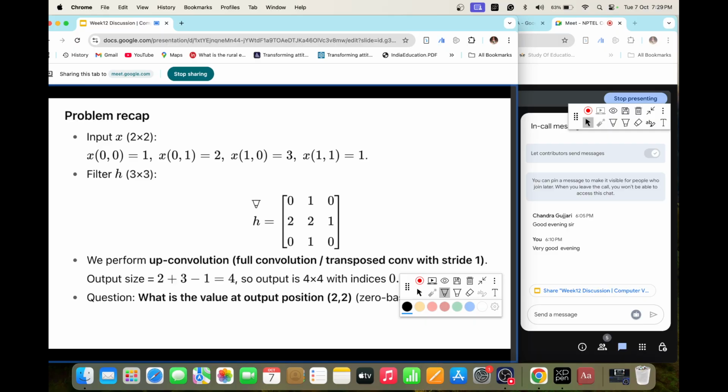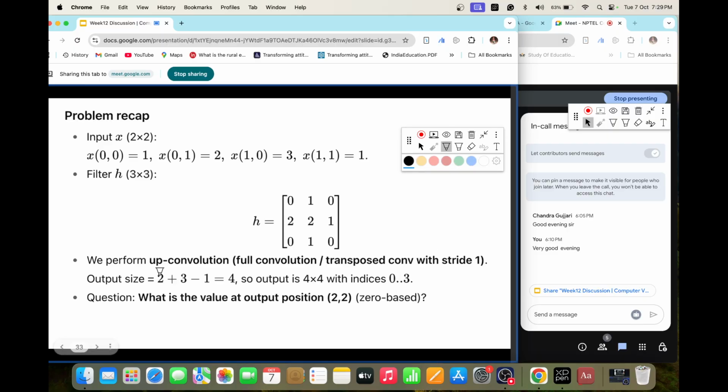It will be 2 plus 3 minus 1. So that will be the output size. Because here we are up convolving, we are not doing the down convolution or down sampling, we are doing up sampling. So this is the formula for up sampling. Your output will be formulated like this: 2 plus 3 minus 1. 2 is the input size, 3 is the filter size, and you subtract 1.